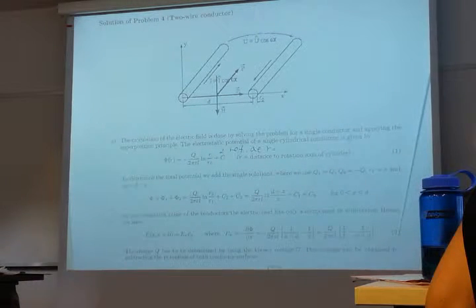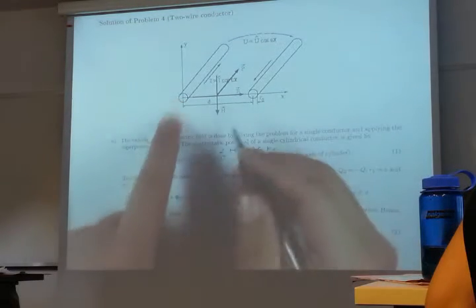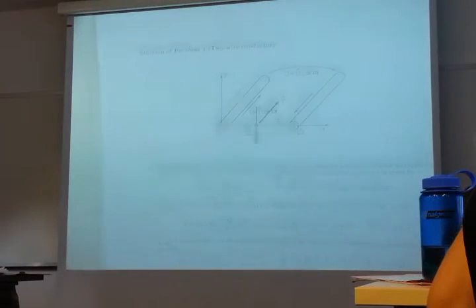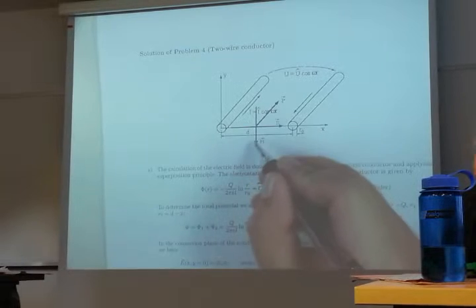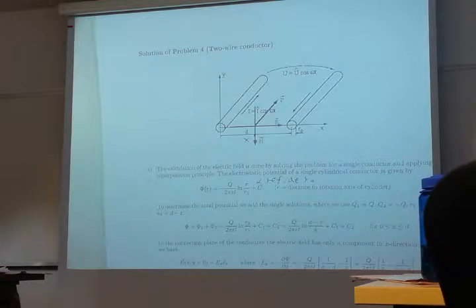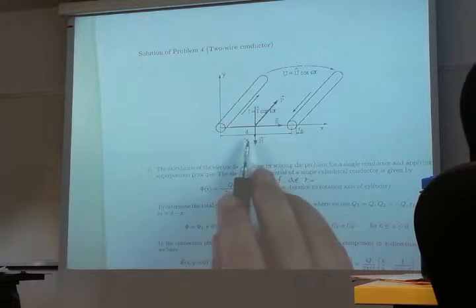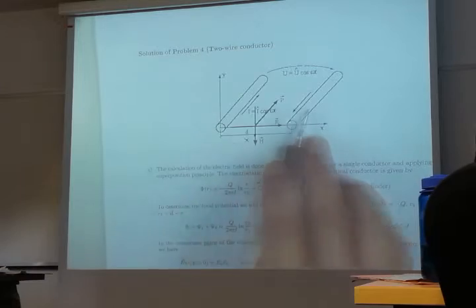Let me give you more details. Let's say the total distance is d. At somewhere with the coordinate of x, my field is given by this positive and this negative.